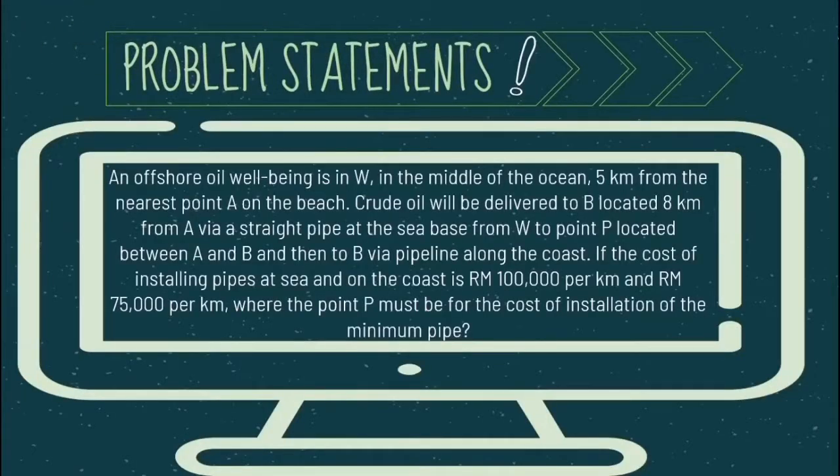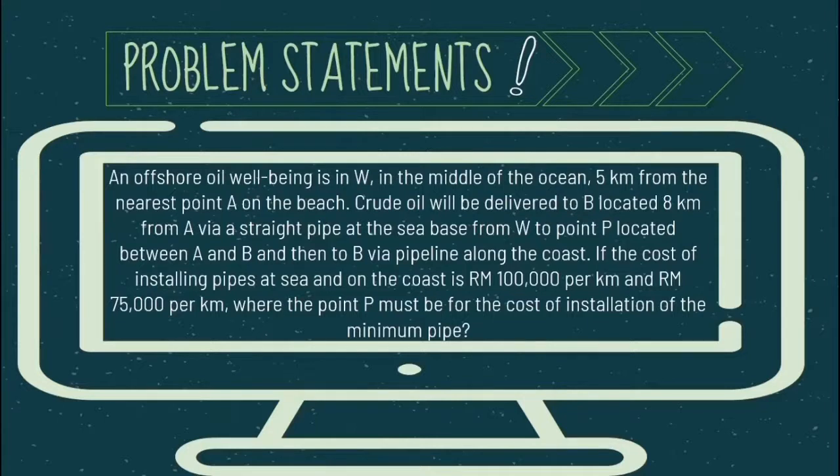For our problem statement, an offshore oil well W is in the middle of the ocean, 5 km from the nearest point A on the beach. Crude oil will be delivered to B, located 8 km from A, via a straight pipe at the sea base from W to a point P located between A and B, and then to B via a pipeline along the coast.